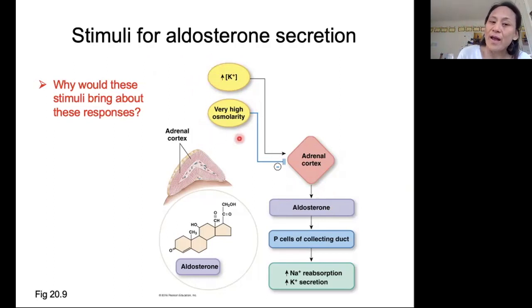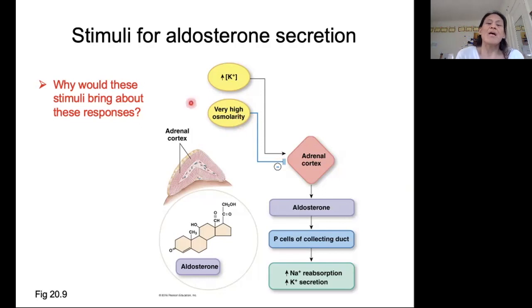Secondly, if you have very high osmolarity in your body, you're going to want to stop aldosterone secretion because aldosterone is going to stimulate the reabsorption of sodium. And you don't want to be reabsorbing sodium if you already have a high osmolarity, because reabsorbing sodium is then going to increase your osmolarity even more.